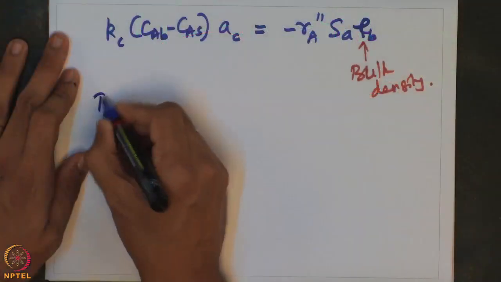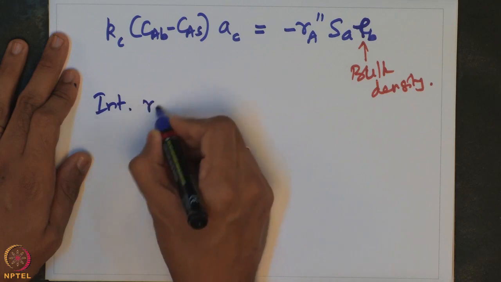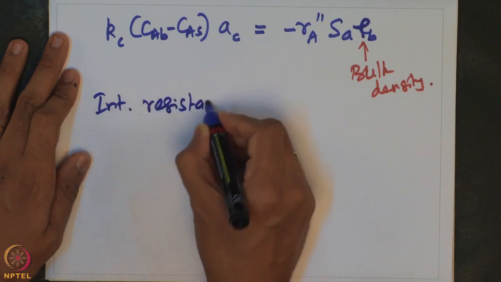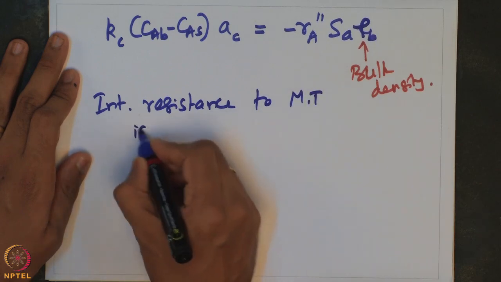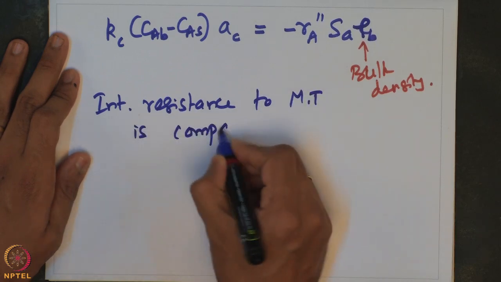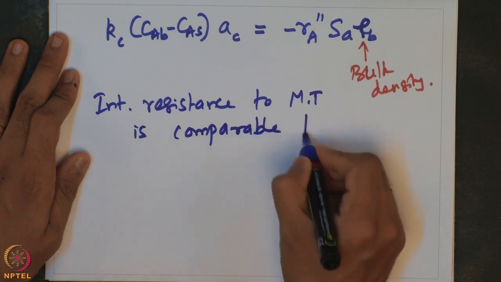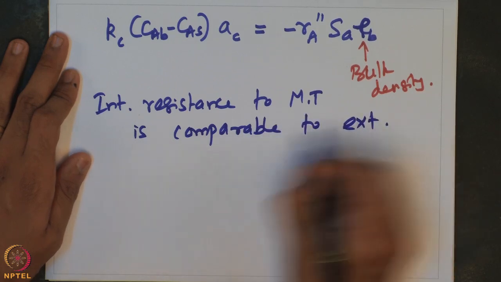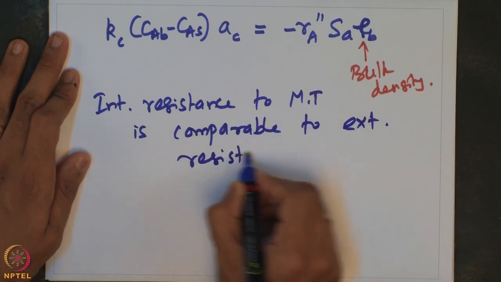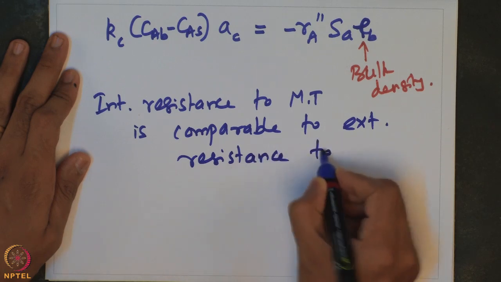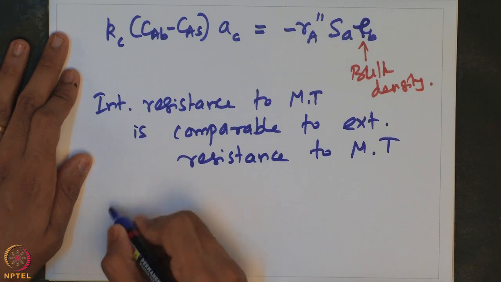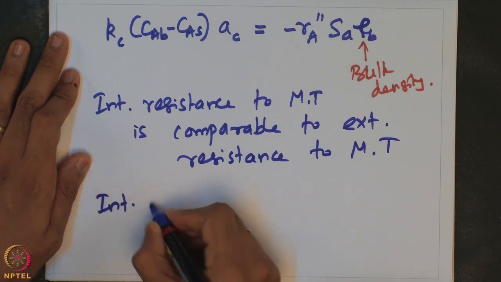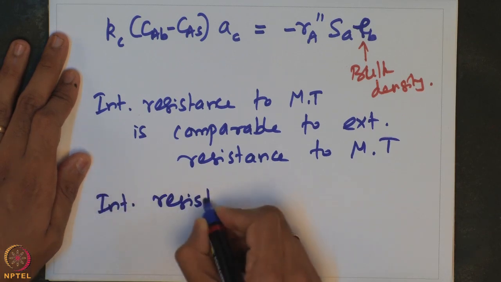Suppose we also said that the internal diffusional limitations, or internal resistance to mass transport, is comparable to external resistance to mass transport, which immediately suggests that the internal resistance to mass transport is not negligible.